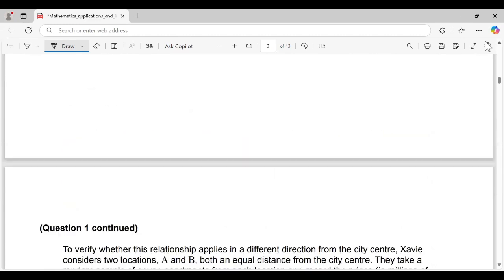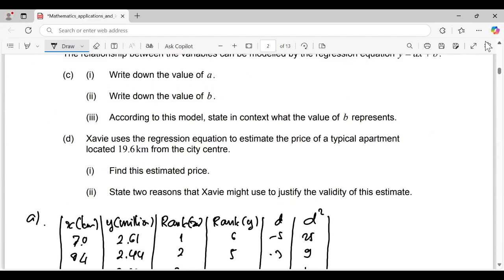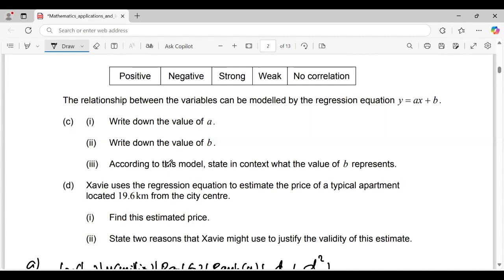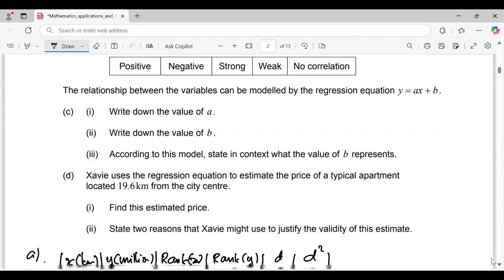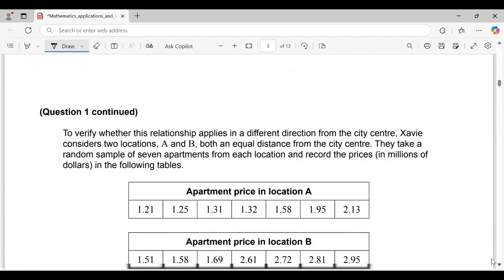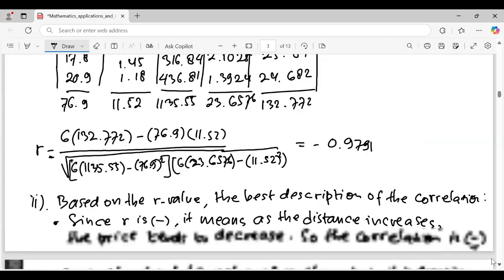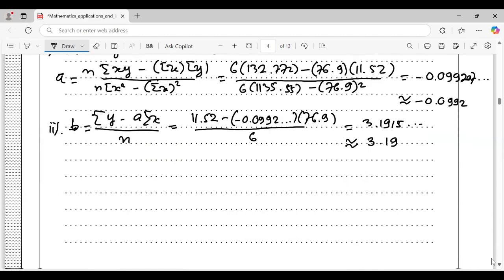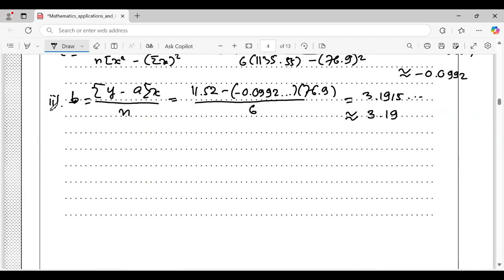Next question, part 3. According to this model, state in context what the value of B represents.